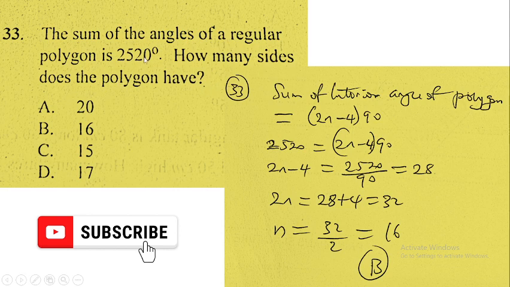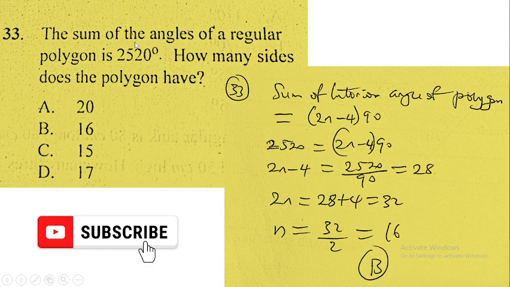In this case, they are talking about interior angles. They are not talking about exterior angles here, because we know that the sum of exterior angles of any polygon is 360 degrees, and you can see the angle given to us here is more than 360 degrees. So technically they are talking about interior angles of that polygon. We don't know the name of that polygon. We can only know the polygon if we know the number of sides it has.